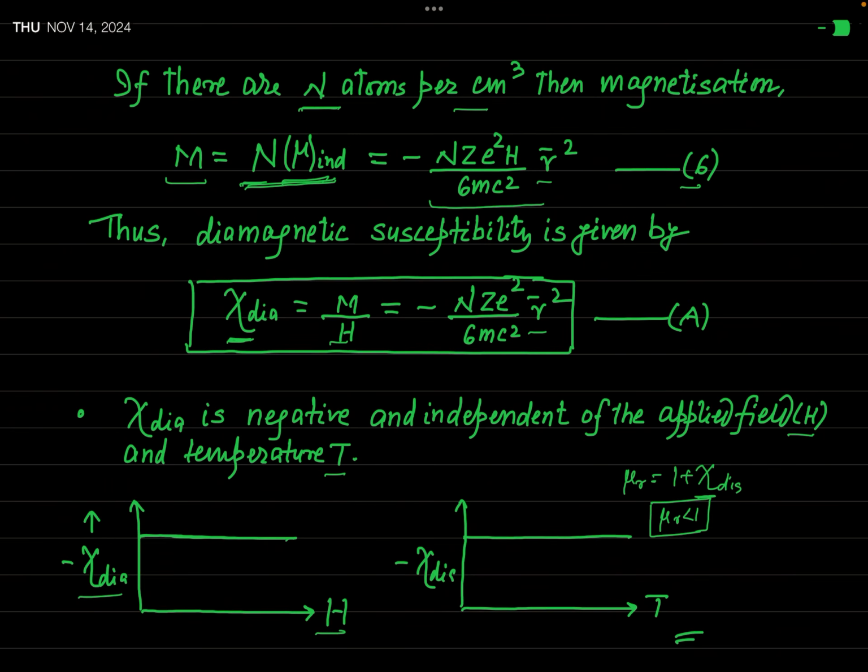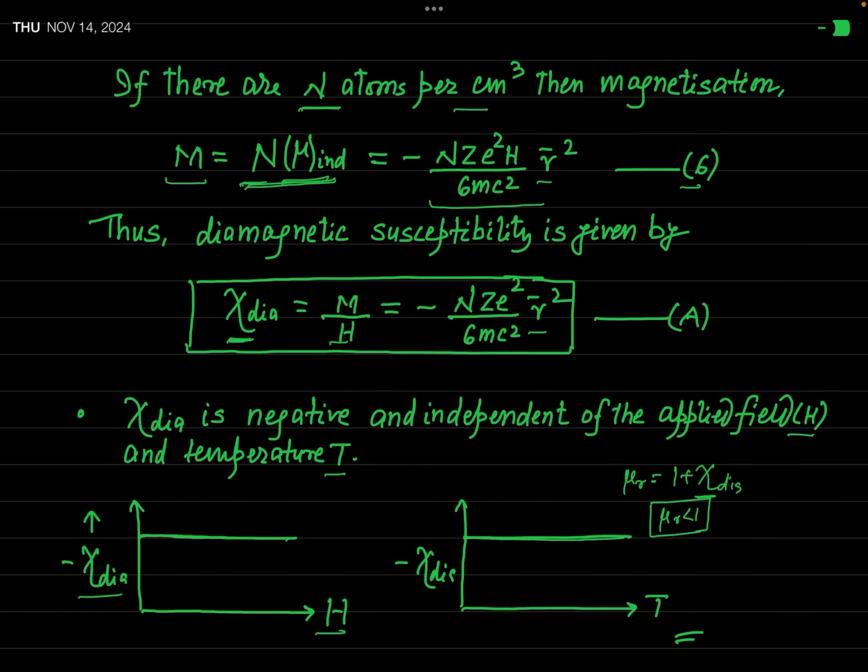It means when the field is 0 and when the field is non-zero, the values of susceptibility are equal. Similarly, this susceptibility also does not vary with temperature. So these are the very remarkable facts. In fact, this material is not of very practical importance due to its negative susceptibility, and so its practical application is very little.